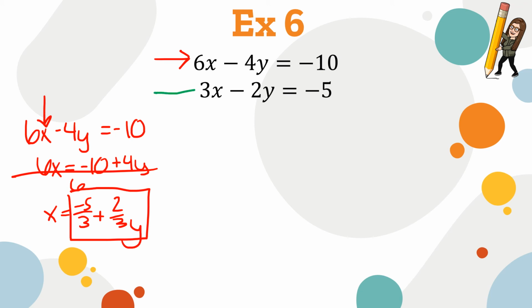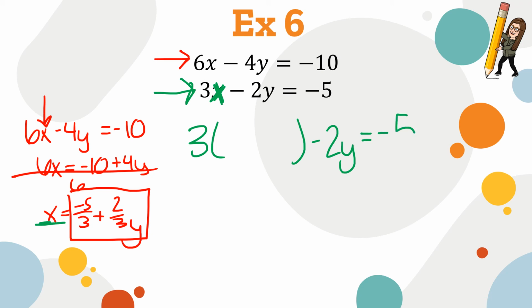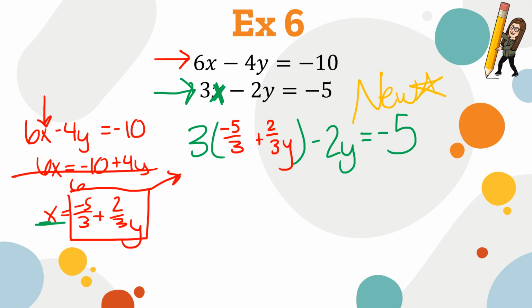Next, I'm going to take the second equation, the other one, and wherever there's an x, I'm going to put parentheses. So I'm going to rewrite it. But where there's an x, I put parentheses. All right, wherever there's parentheses, I'm going to put my expression, -5/3 plus 2/3 y. That's the only new piece here. That's it. The rest is old news.